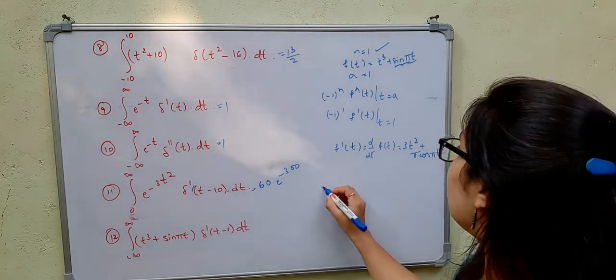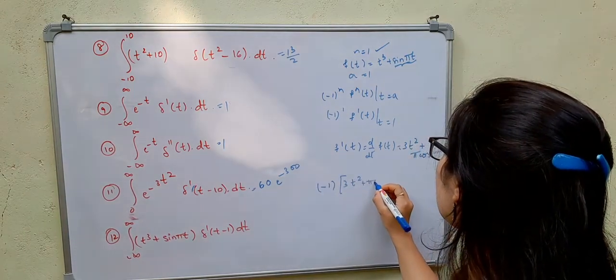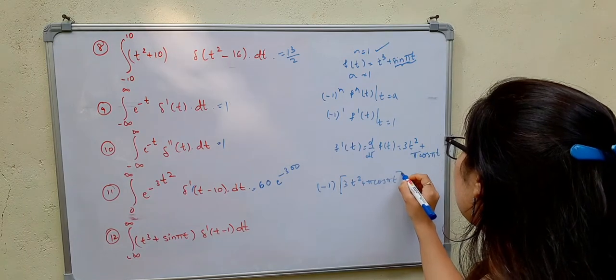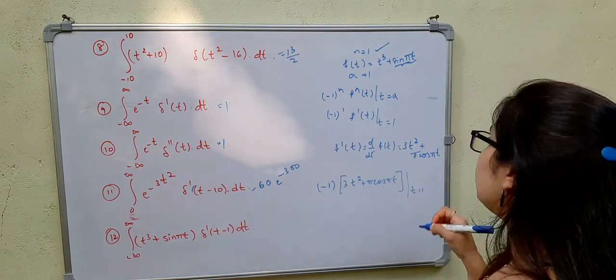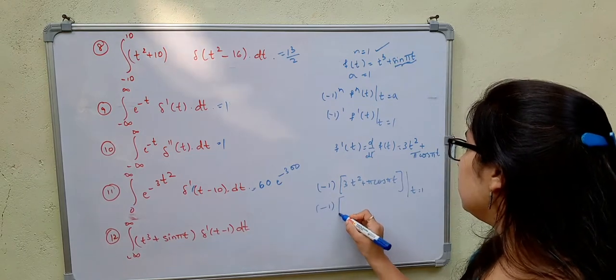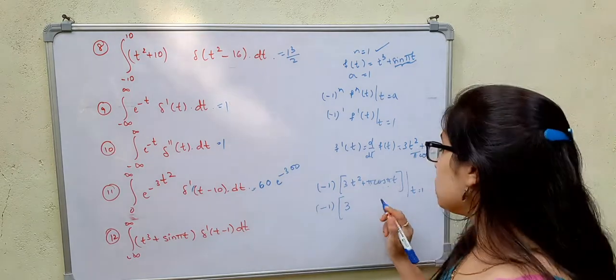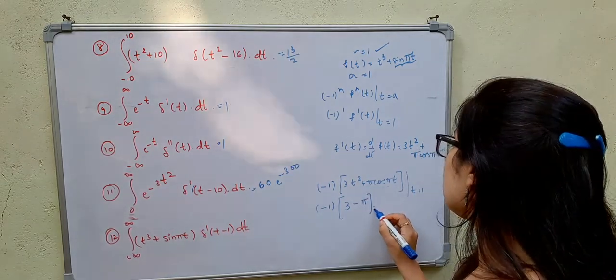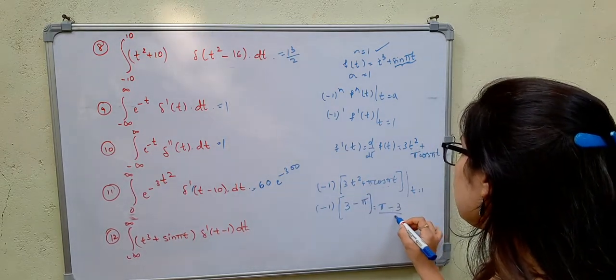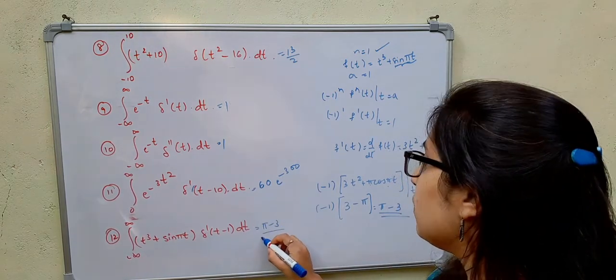So minus 1 into 3t square plus pi cos pi t. Here I'll consider t is equal to 1. t is equal to 1 means I can consider 3 plus pi cos pi. Cos pi is nothing but minus 1. So it is minus pi. So you can write it as pi minus 3. This will be the answer for this problem.